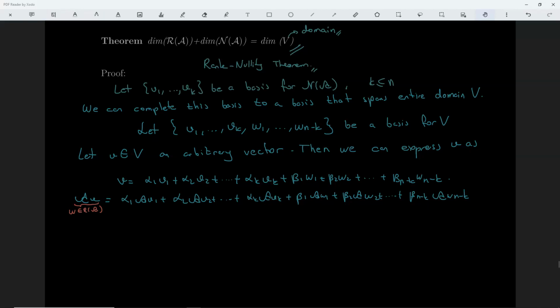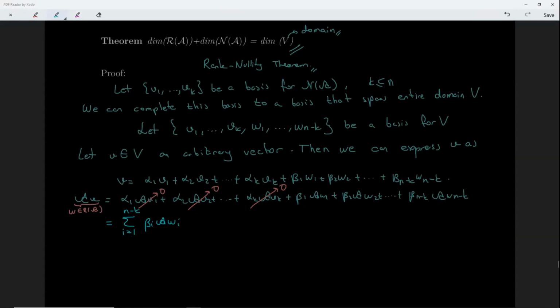Exactly, these v1 to vk were a basis for the null space of A, so all of these terms are actually 0. Then I can write this arbitrary vector w as a summation i from 1 to n minus k of beta i A of wi.